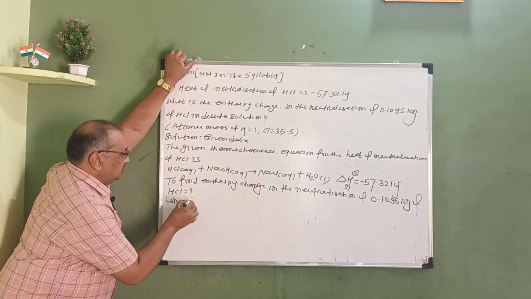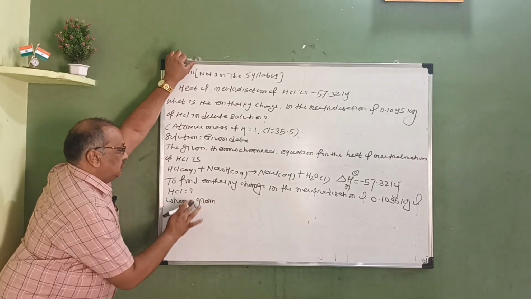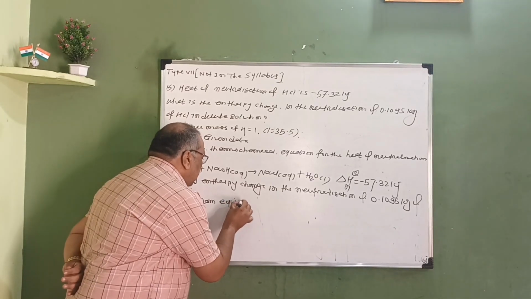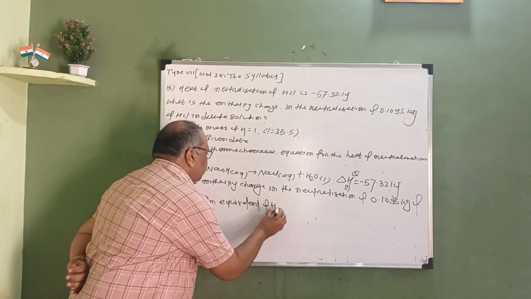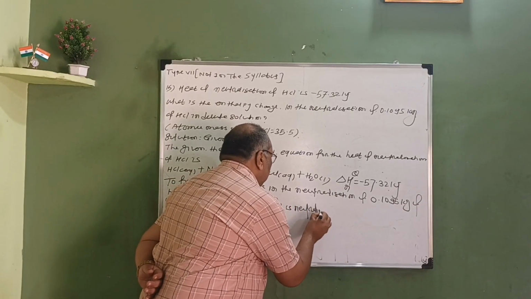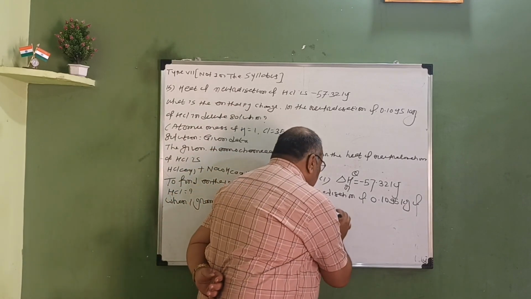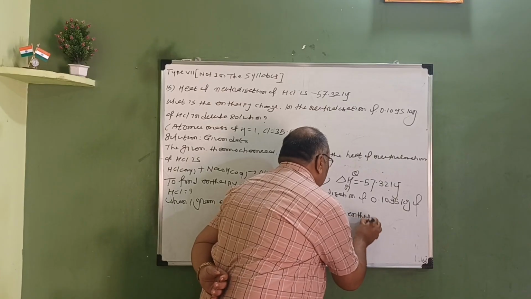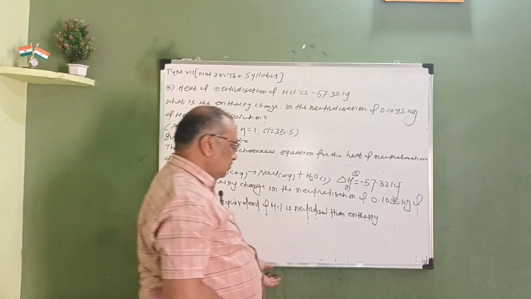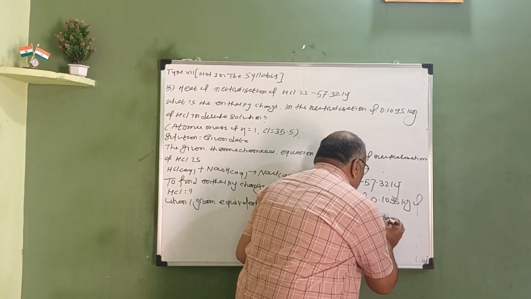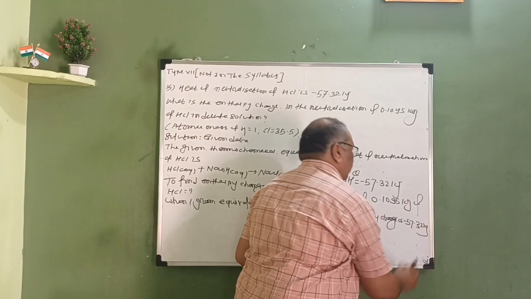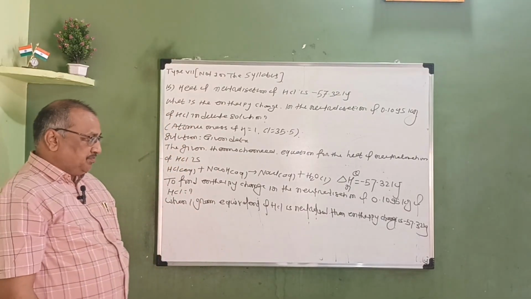When 1 gram equivalent of HCl is neutralized, then enthalpy change is minus 57.32 kilojoule.